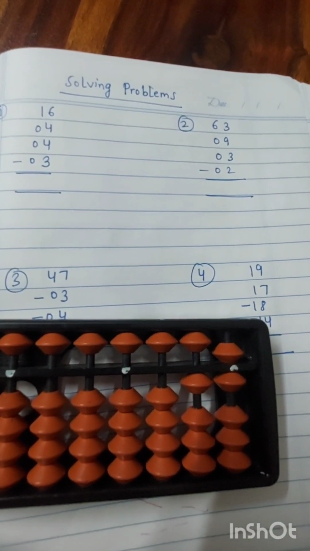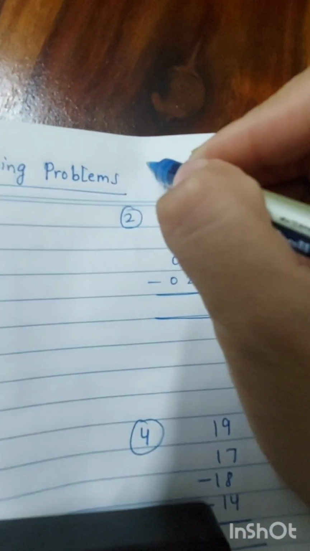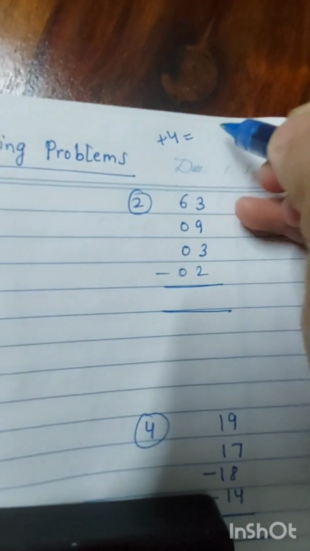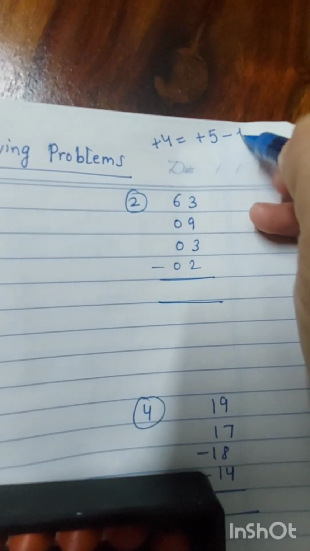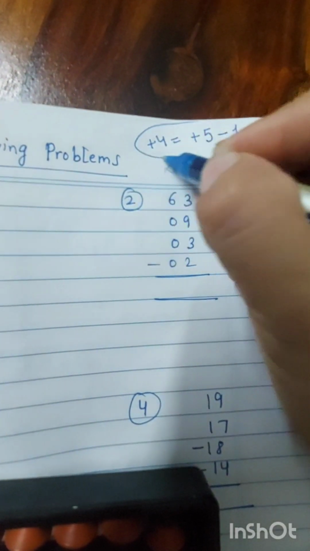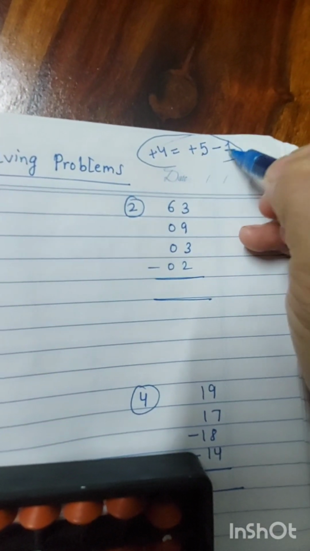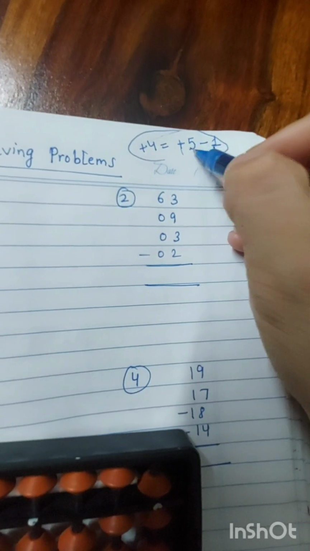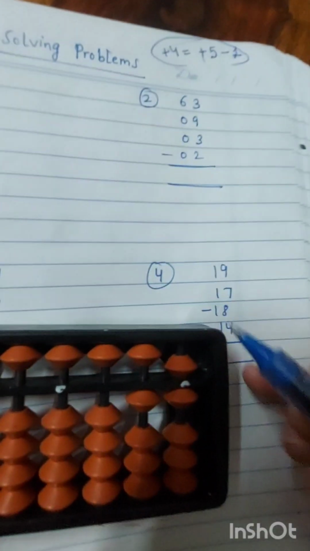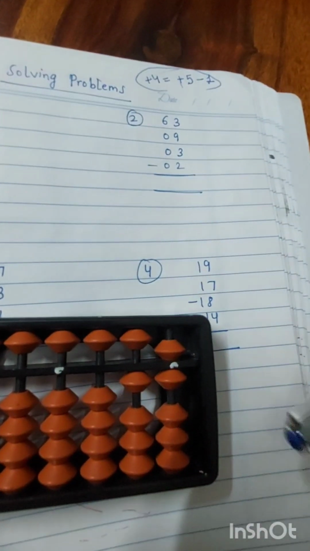For plus 4, what have we done in small friends? For plus 4, we have done plus common friend minus best friend: plus 5 and -1. So first we check, is 5 available for addition? No, 5 is already added. So we don't have small friends.